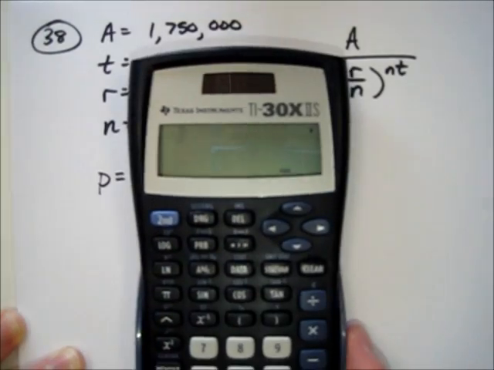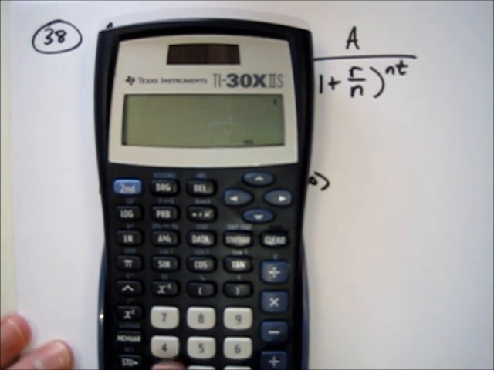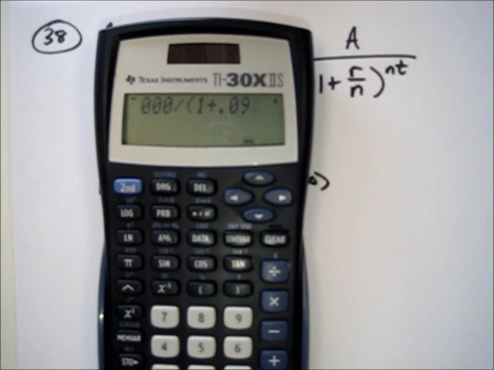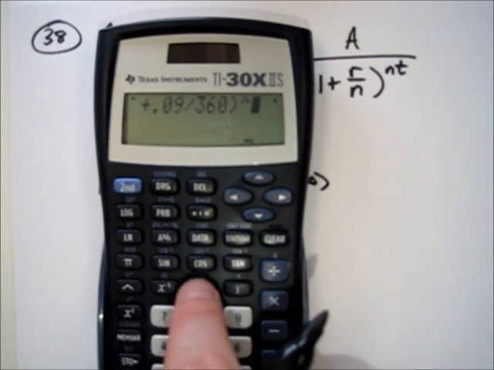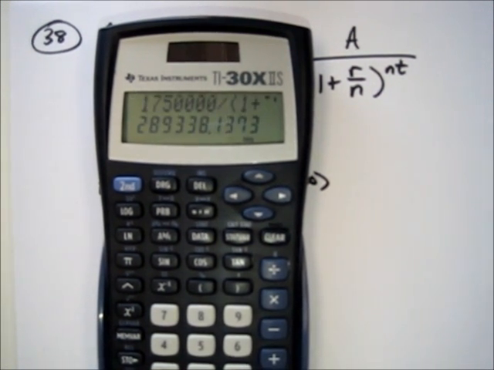And let's put all that in our calculator now. $1,750,000 divided by parentheses 1 plus 9%, 0.09, divided by 360. Close your parentheses, caret, open parentheses, 360 times 20, close parentheses, enter.